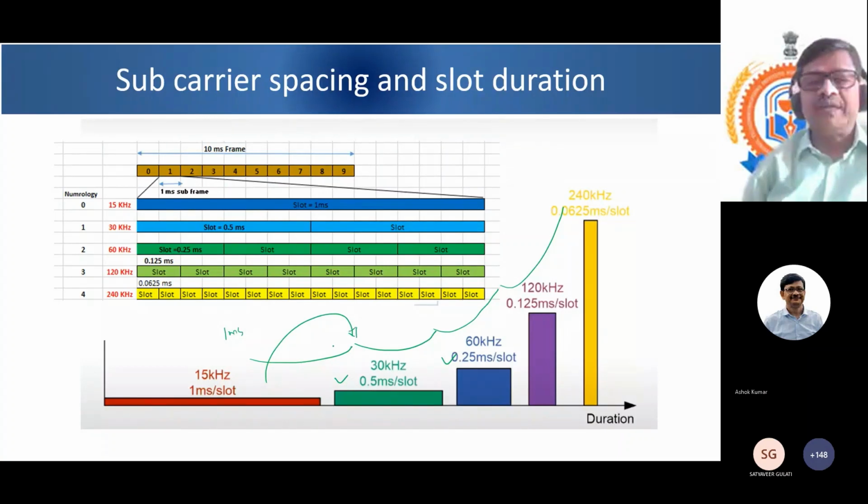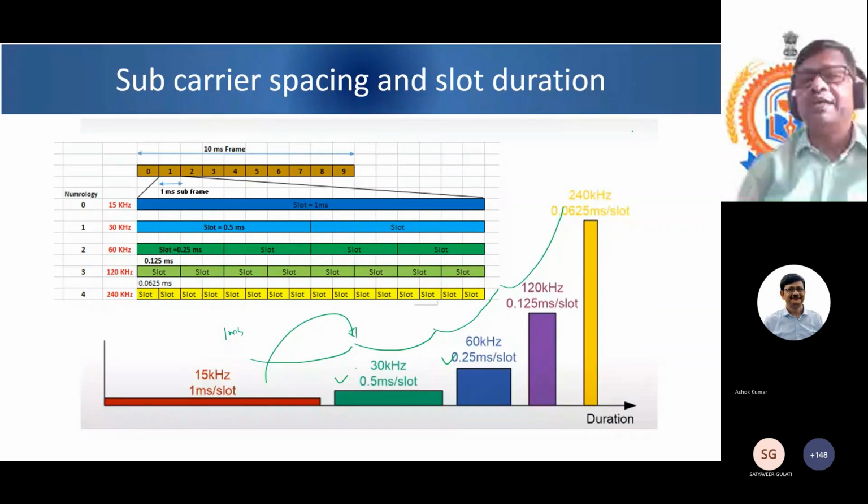Your RB bandwidth is doubling, 15 kilohertz, 30. So overall, time you are reducing, right? But within the smaller time, we will be able to pack more data. Just understand that within 1 millisecond, I'm able to accommodate so many symbols.